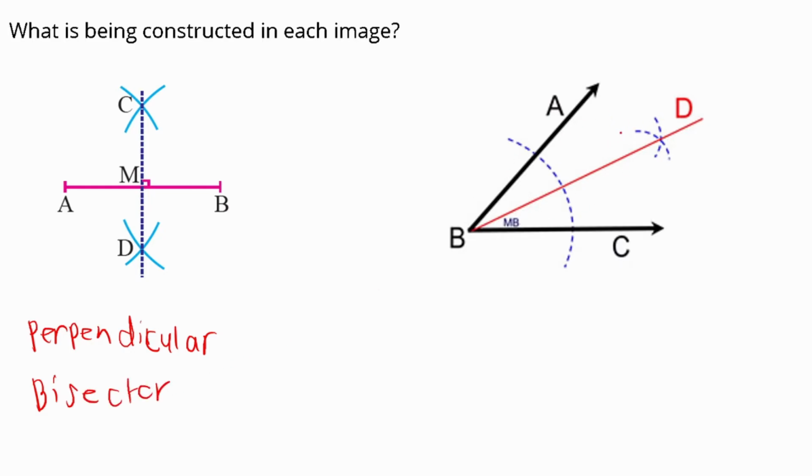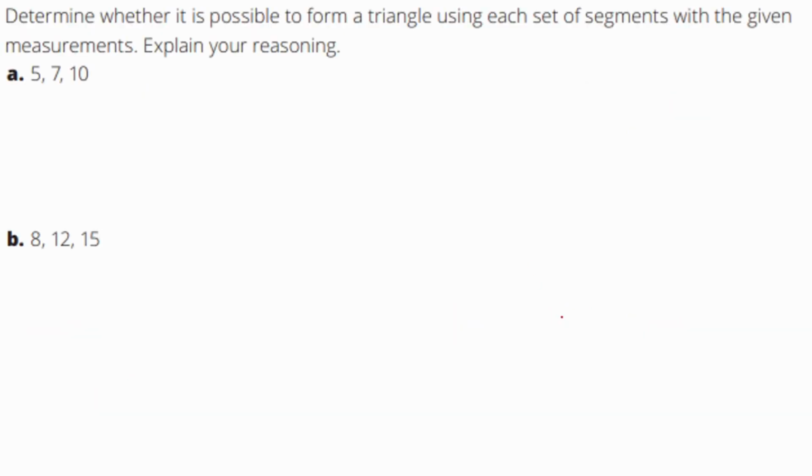And in my next one, we see that we have a line coming out of an angle, and this is called our angle bisector. And what this is telling us is it's cutting this angle in half. So ABC, it cuts in half. ABD and CBD are equal to each other. That's an angle bisector.